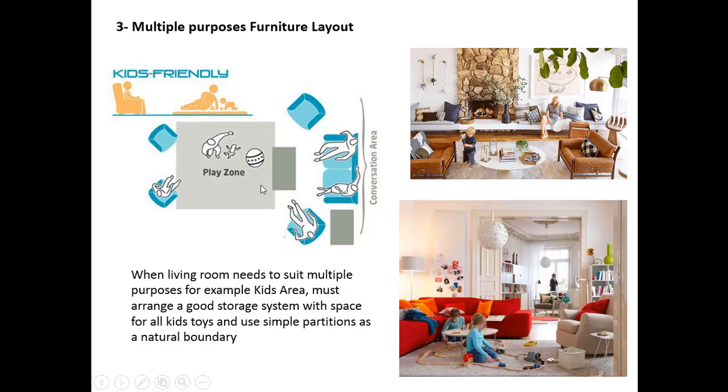For example, here is a play area for the kids, and here the family members and all the furniture around the kids in order to keep them safe, as we see here in this picture. This is a multipurpose furniture layout.